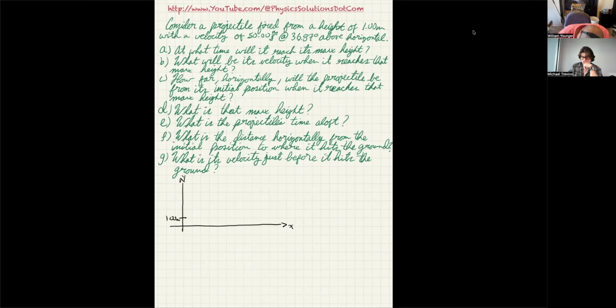The object is actually going to be fired at 50.00 meters per second at 36.87 degrees above horizontal. And it's going to take off like this and land over here, which I've just run out of space.